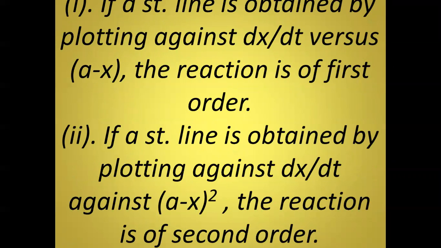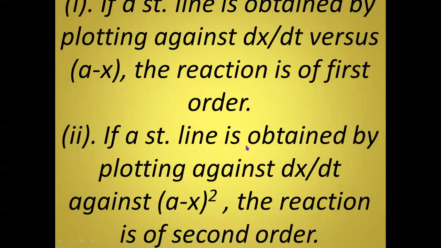If a straight line is obtained by plotting dx by dt versus a minus x, the reaction is of first order. Here we are taking concentration raised to the power 1 only. In second order, we will take the square of the concentration.